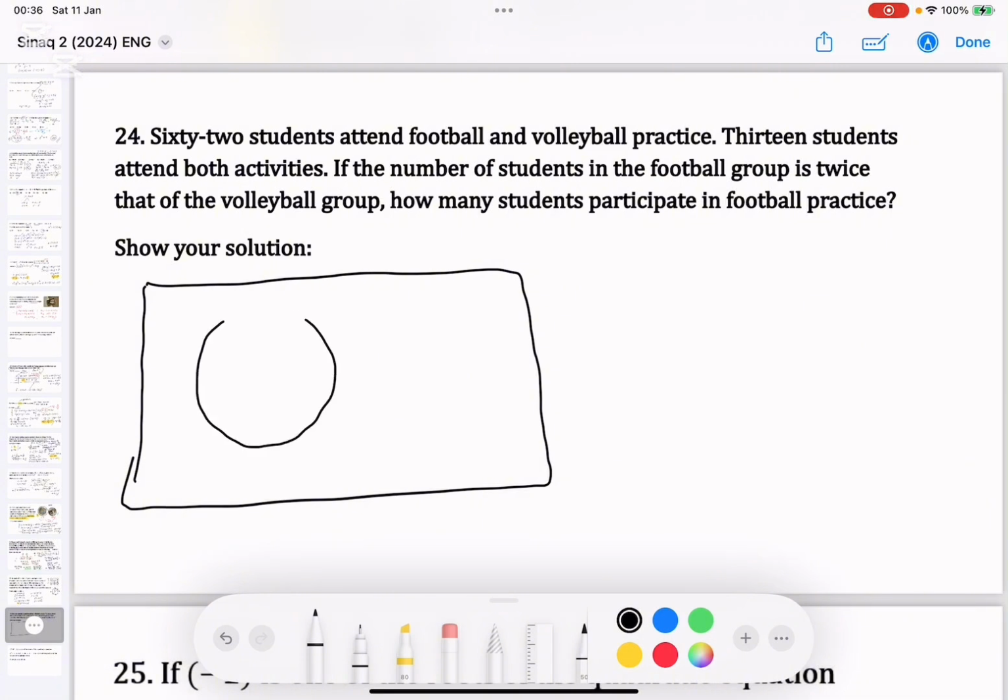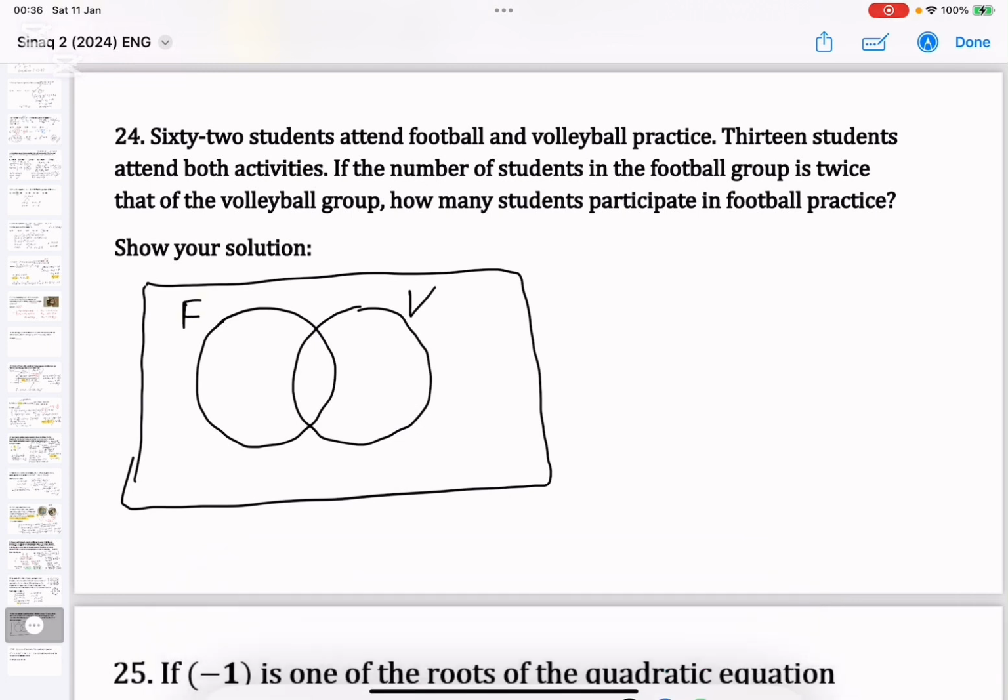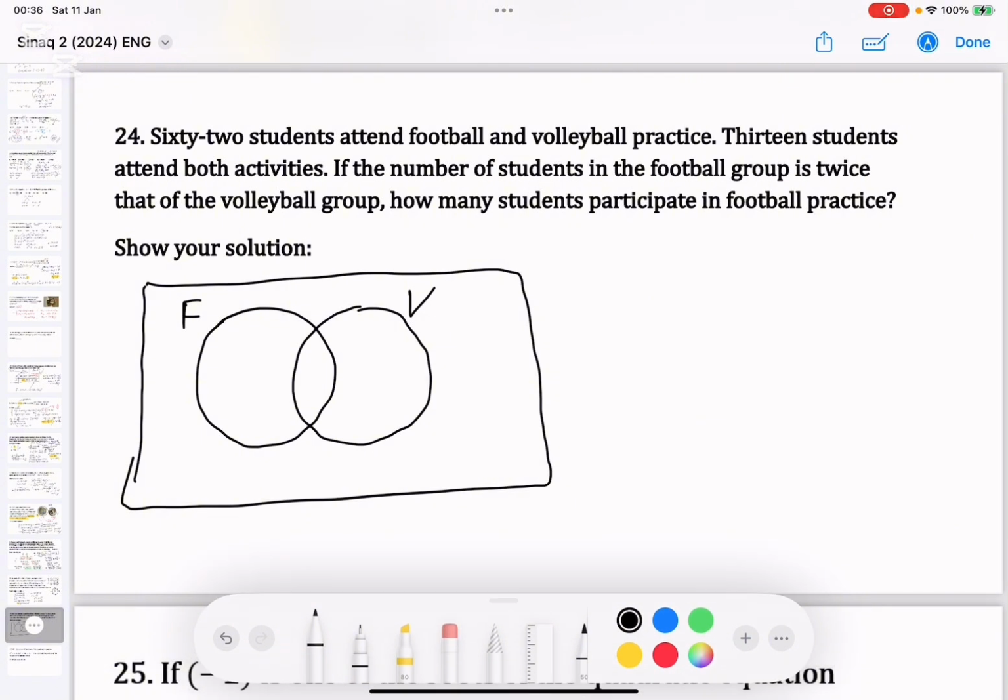I started with the universal set that has information about students attending football and volleyball practices. 13 students attend both, so we have 13 right here. I don't know how many students I have in the volleyball group.